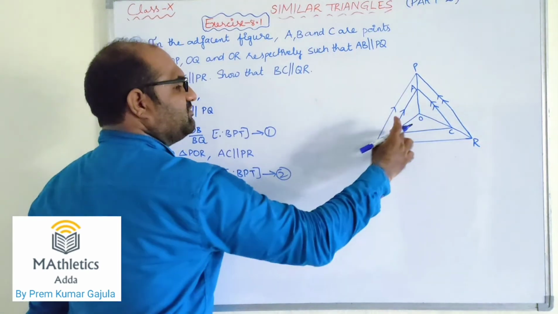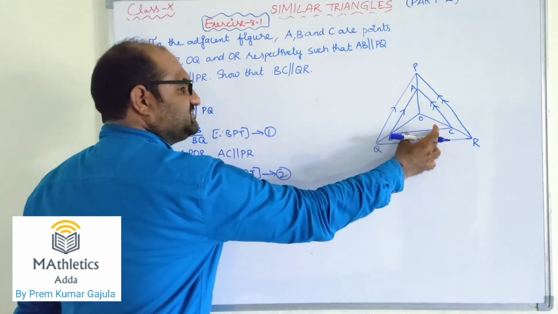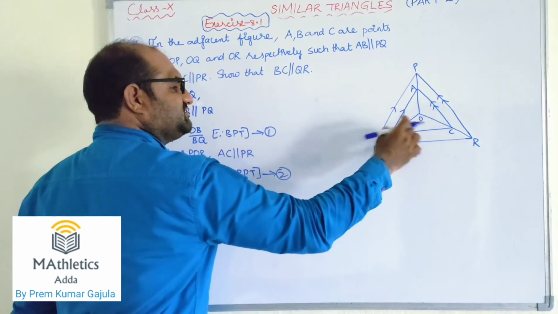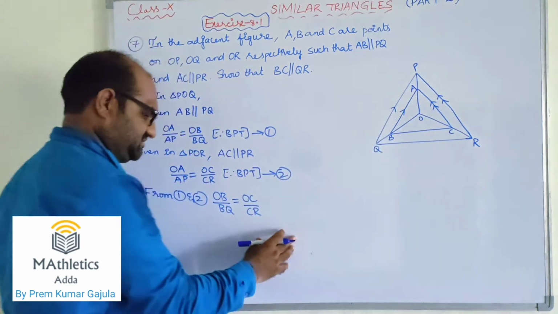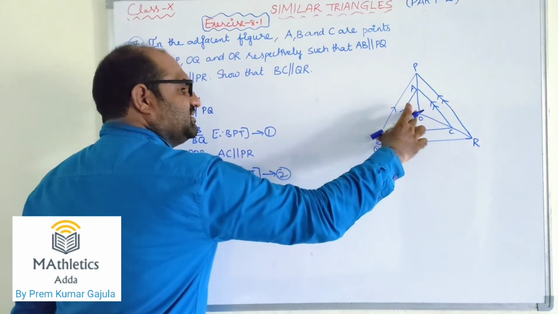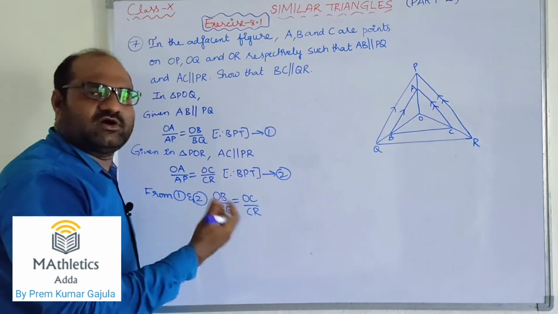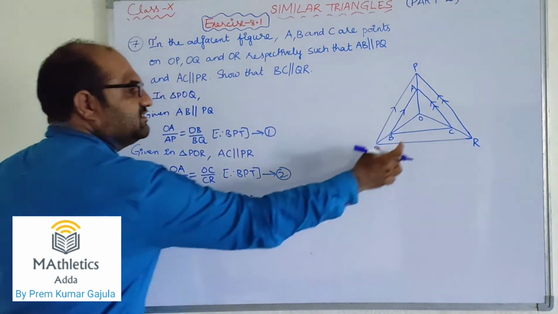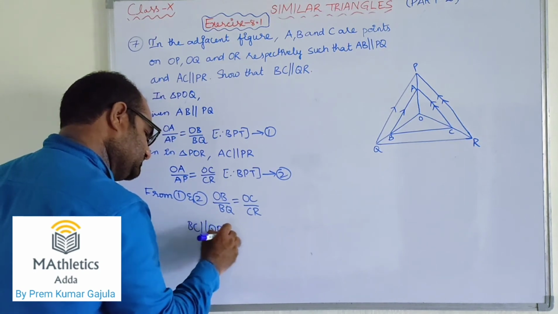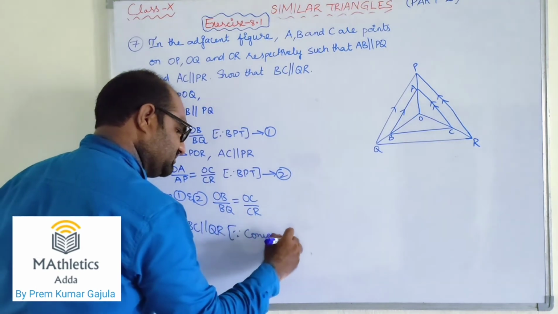So if you join BC, then BC is dividing this side and this side in the same ratio. So from the converse theorem of BPT, we can say that BC is parallel to QR.